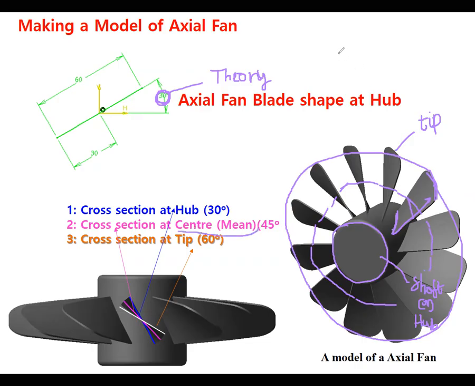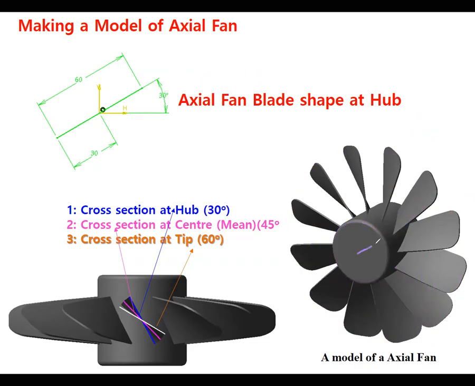Suppose this one is RH, the hub radius, and RT is the tip radius. The mean radius R mean is the average of those two radii: R hub plus R tip, divided by 2.